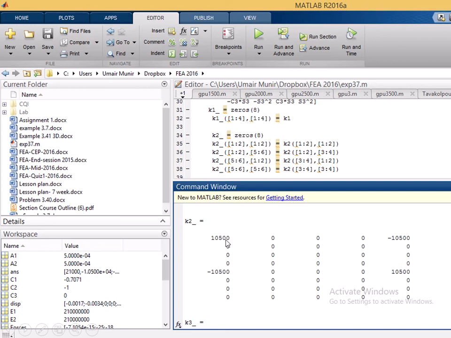1:2 means first two columns, and 1:2 again means first two rows, and these are equal to K2 that you found earlier in the previous slides, at the same element location.